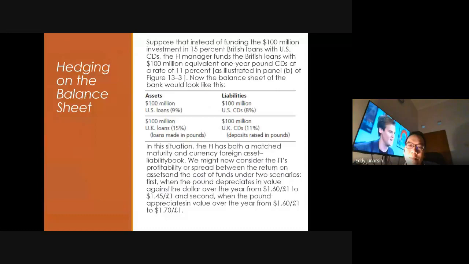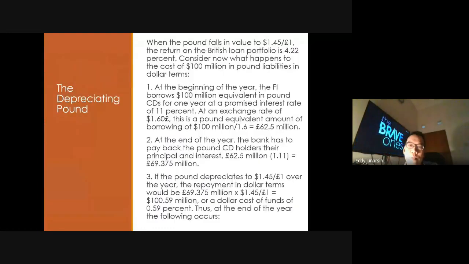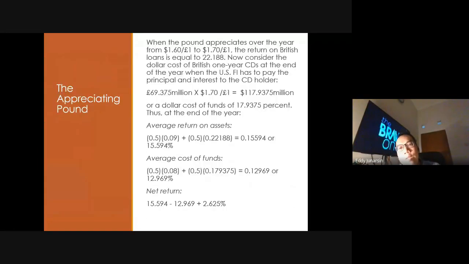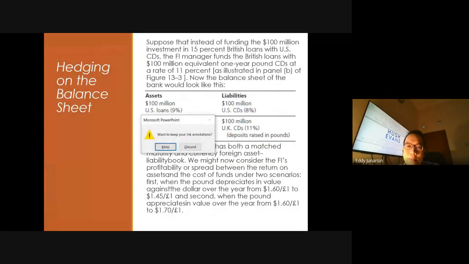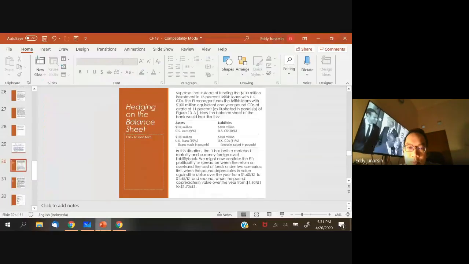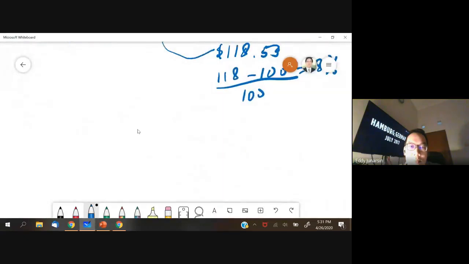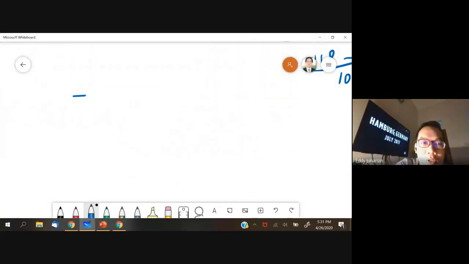On balance sheet hedging means you try to do the natural hedging. So we'll draw this again.